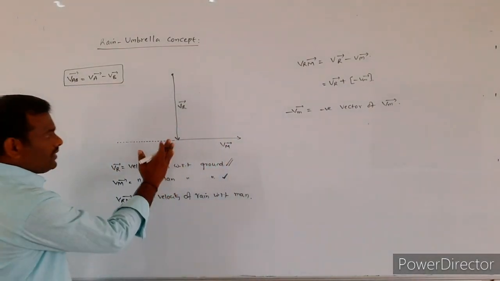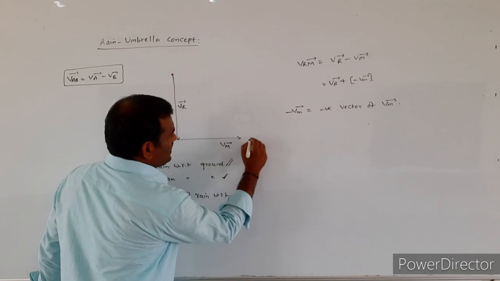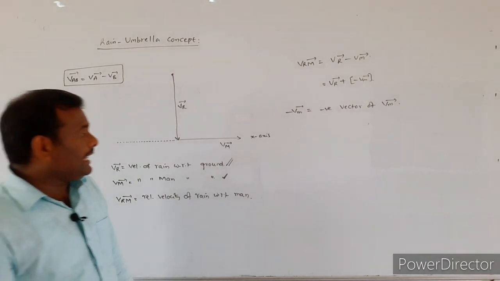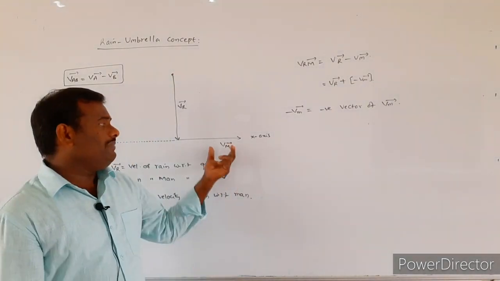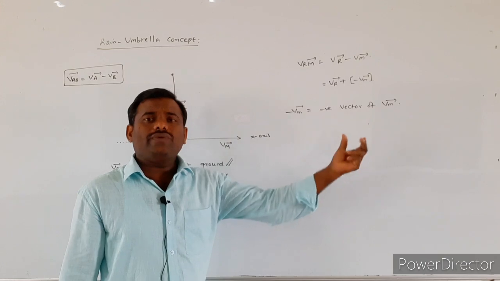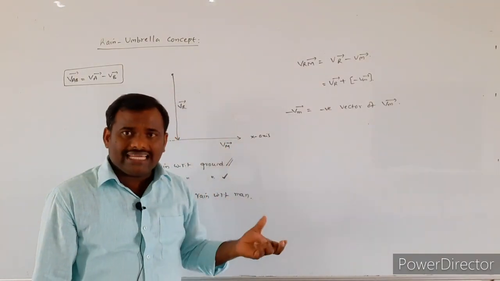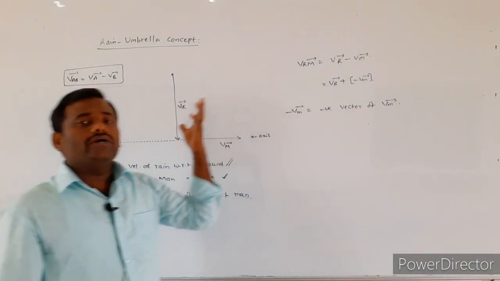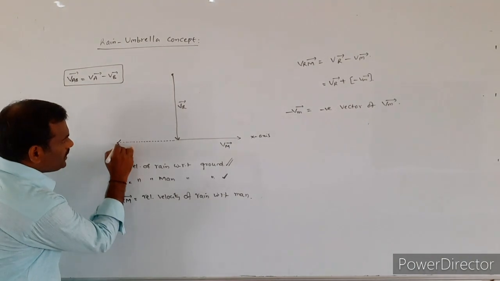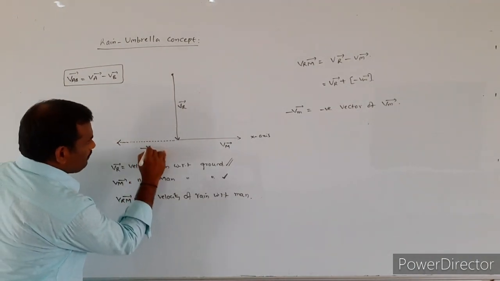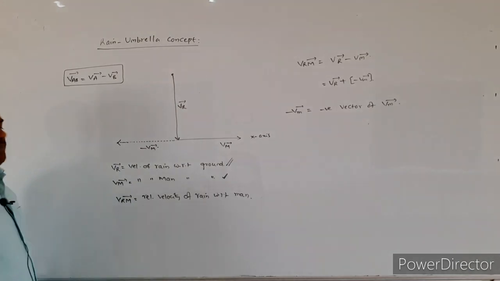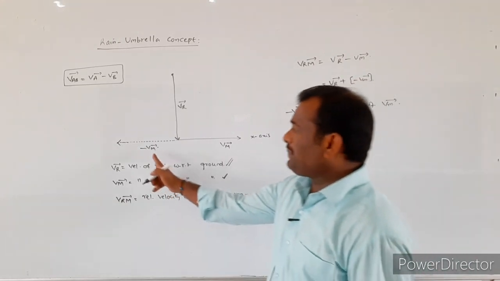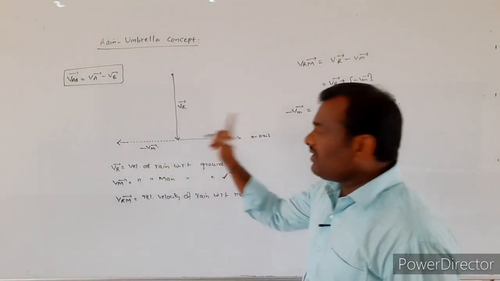The actual velocity of the man is represented along the positive x-axis. If Vm bar acts along the positive x-axis, minus Vm bar will act in the negative direction. So this dotted vector that I represent along the negative x-axis is the negative vector of Vm bar.